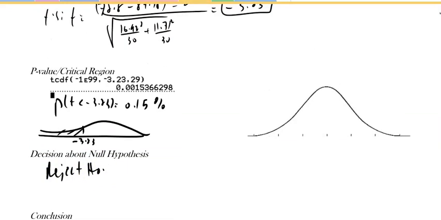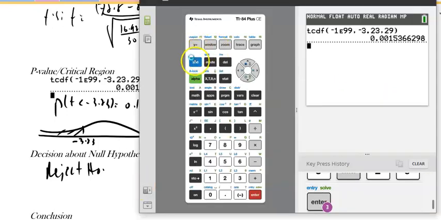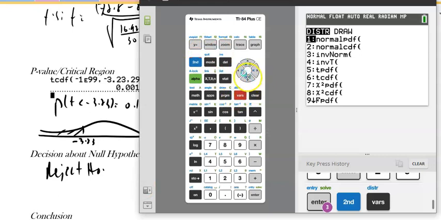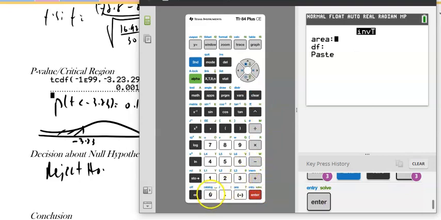And what if I want to use the test statistic? Well, we could. Let's get the rejection region out. This is 0.05, so we're going to use an inverse t-distribution. The left area is 0.05, and degrees of freedom is 29.